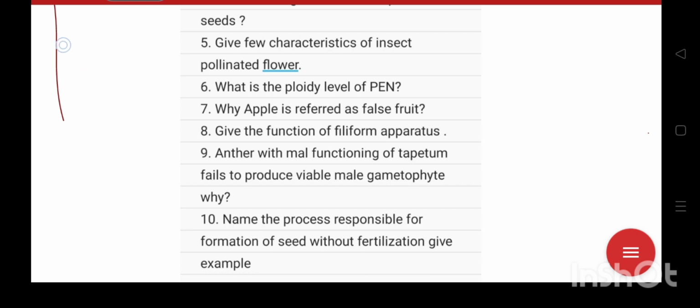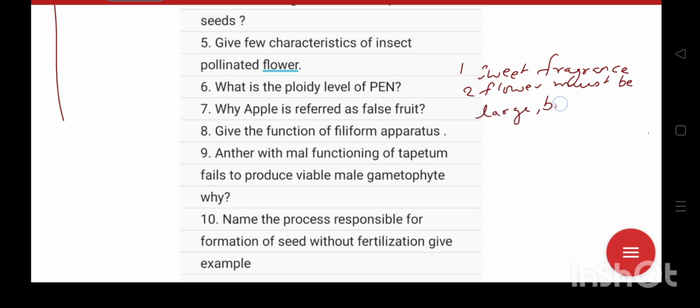Number 1, characteristic of an insect pollinated flower is it must have sweet fragrance. Number 2, flower must be large, bright and showy, so that it can attract insects for pollination.